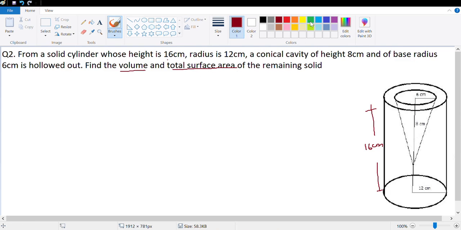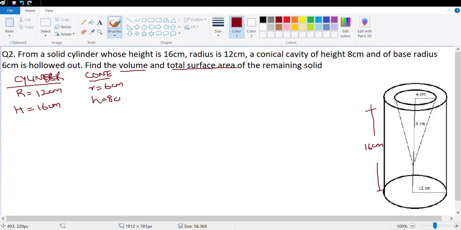So the first part of the question, volume, is simple. So for cylinder, capital R, which is radius, is given equal to 12 centimeter. Height is given equal to 16 centimeter. For the cone, the radius is given equal to 6 centimeter and the height is given equal to 8 centimeter.